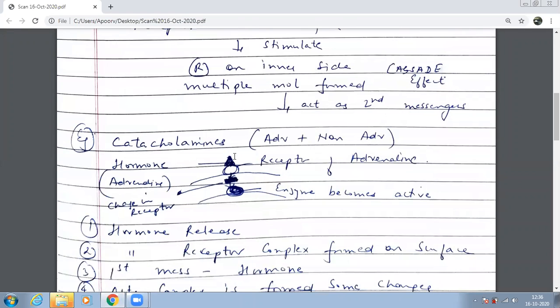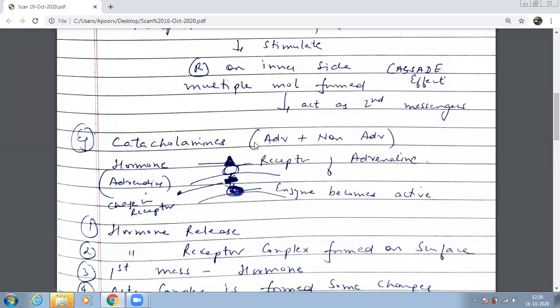Now try and understand. I've taken the example of catecholamines, to give you an example of quick acting hormones. When I say catecholamines, I mean adrenaline and noradrenaline. What do you know about adrenaline? Which hormone is it called? Stress hormone.